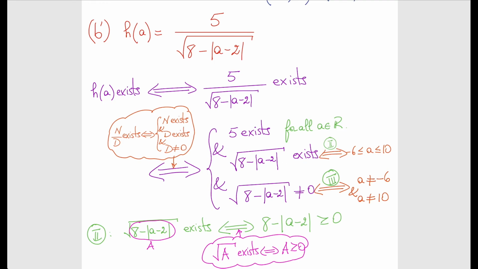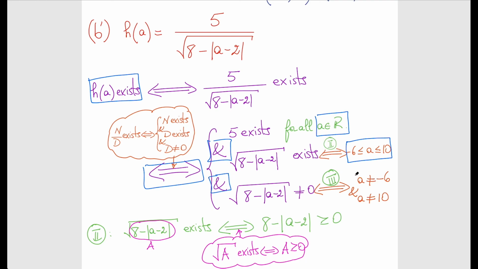H of A exists if and only if A is a real number, and A is between -6 and 10, including the endpoints, and A is neither that nor this, right? So putting things together, we can say that H of A exists if and only if A is a real number that's between -6 and 10, but do not equal those endpoints.